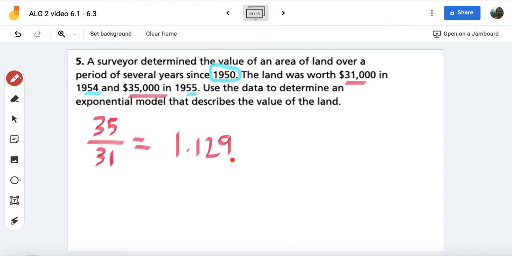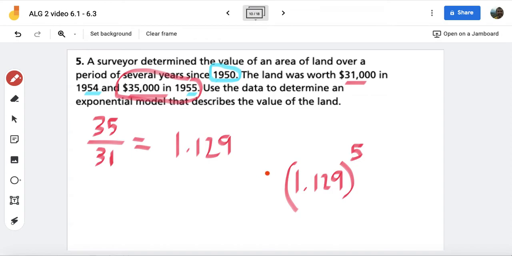1.129 is the value of b. Now I'm going to select one of these years. I think I'll just grab this one right here and stick in that data. 1955 is 5 years after 1950, so it's going to be a 5 up here.